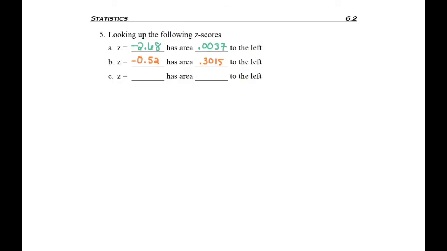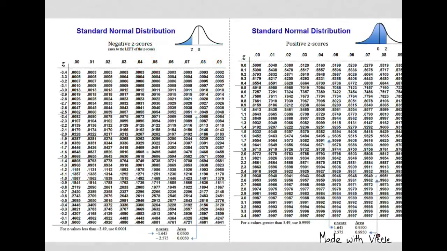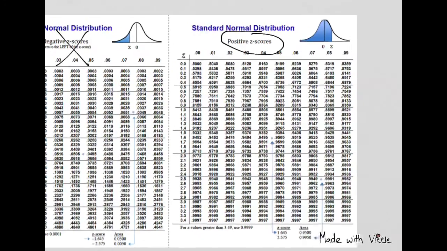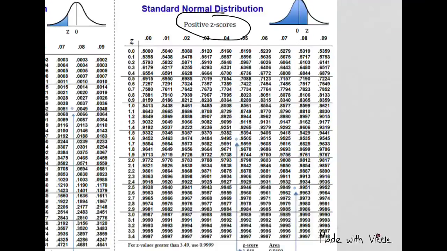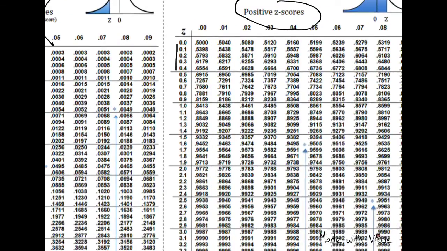And for the last one, this one asks us to look up a z-score of positive 1.08. Now think about it, because this one's positive, I have to use a different table. Z equals 1.08. This is a positive number, so I want to come to the right page for me. I'm reading down, doesn't begin with 1, doesn't begin with 1. Okay, here's my section that begins with a 1.